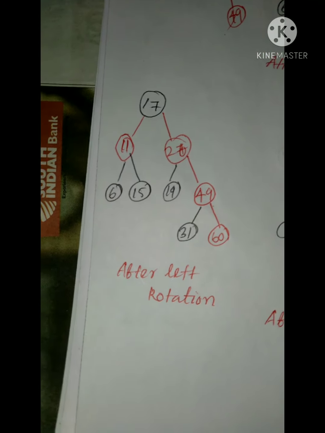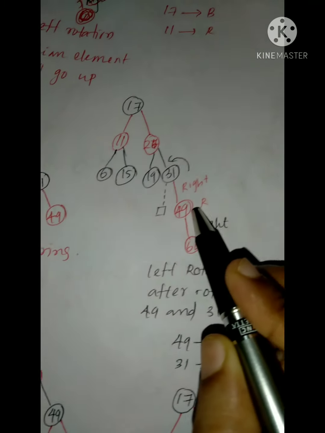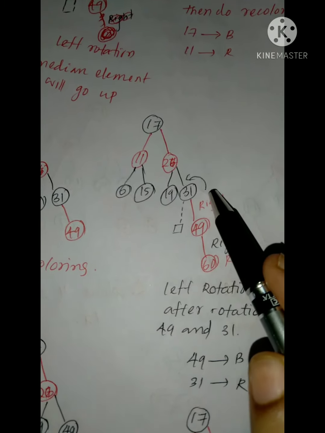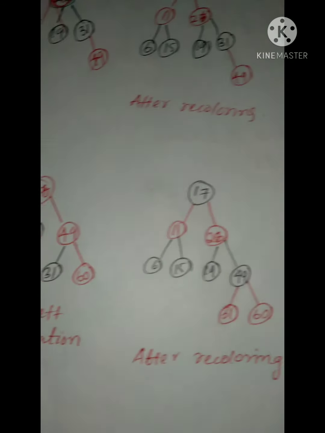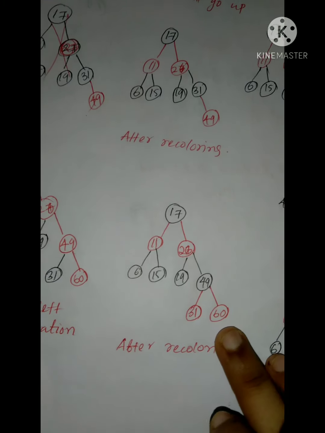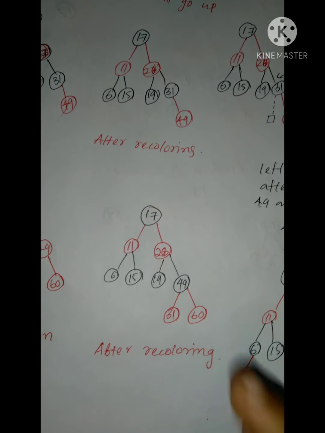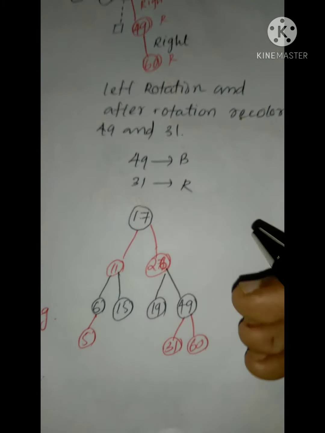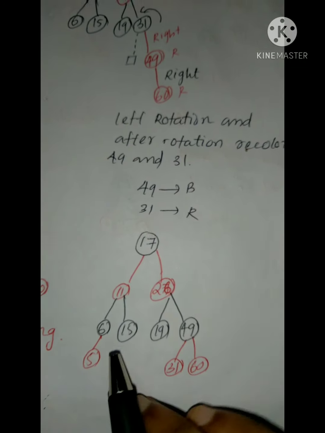Okay, then we want to recolor. That I told you, 49 will become black and 31 will become red. So after recoloring, this will be the final tree.